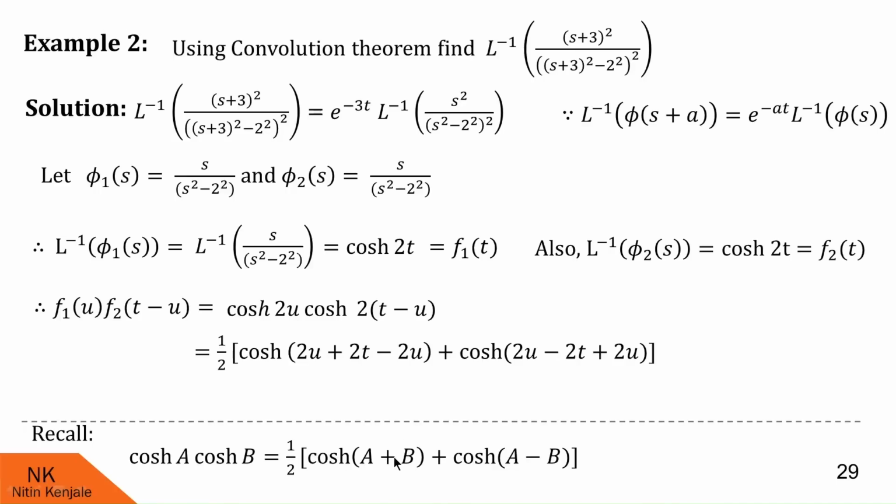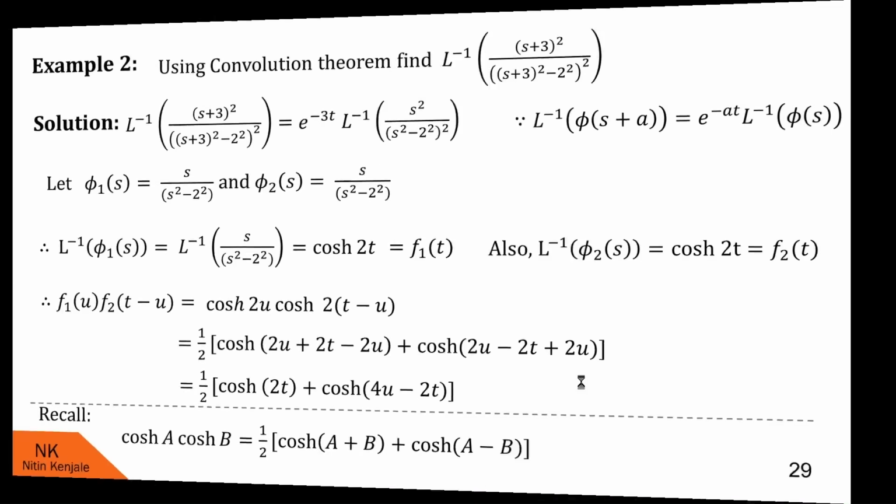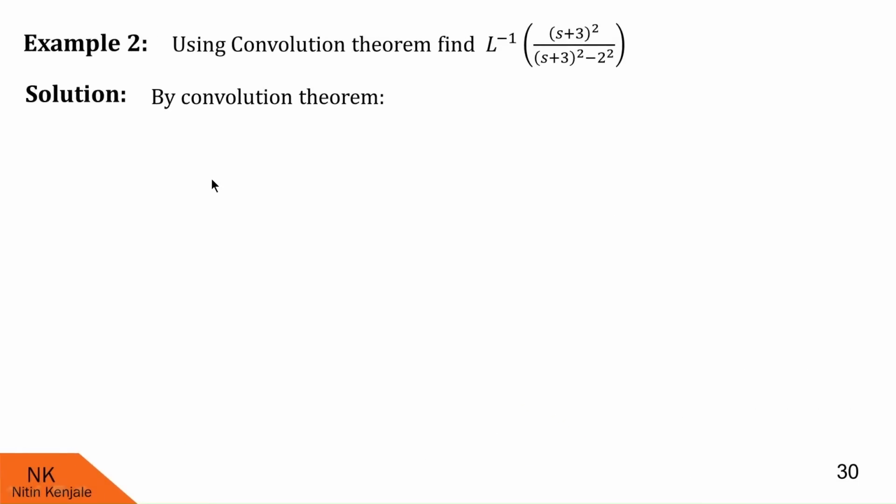So cos h (a plus b) will be cos h 2t and cos h (a minus b) will be cos h (4u minus 2t). In the next step, we are going to use the convolution theorem to find L inverse of this function. According to the convolution theorem, L inverse of phi 1 of s into phi 2 of s is the integral of f1 of u into f2 of t minus u du over the limit 0 to t.